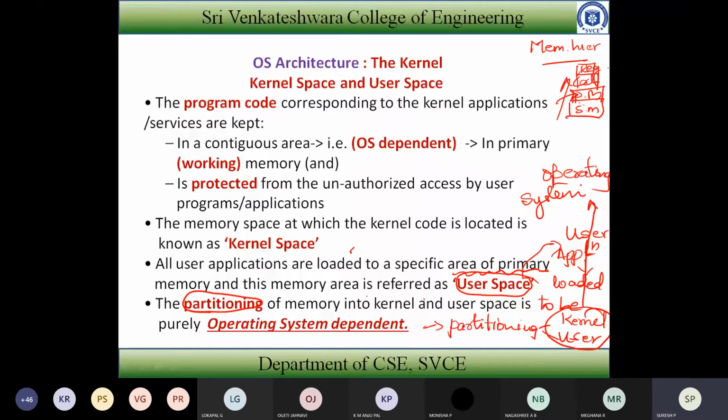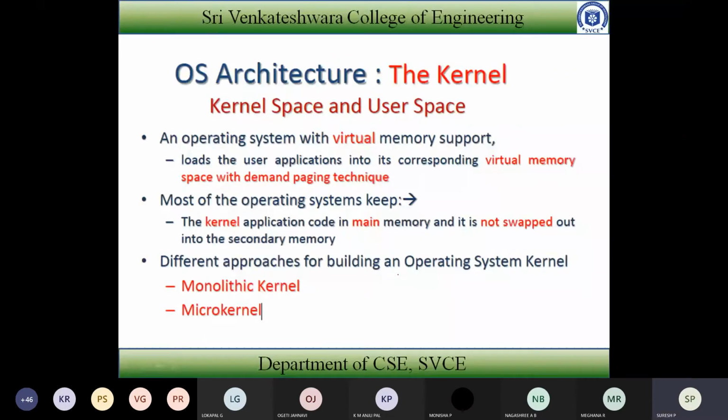Okay, so now when you have the OS architecture running with respect to your kernel space and user space, the kernel space is nothing but an operating system with virtual memory support.